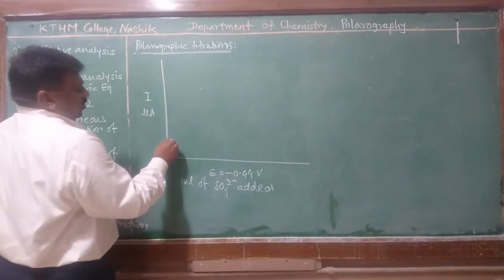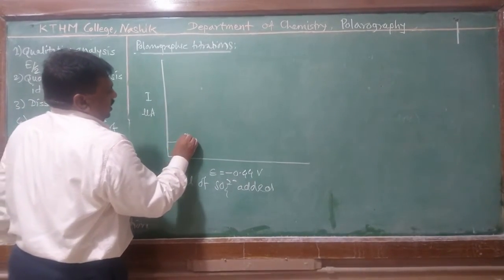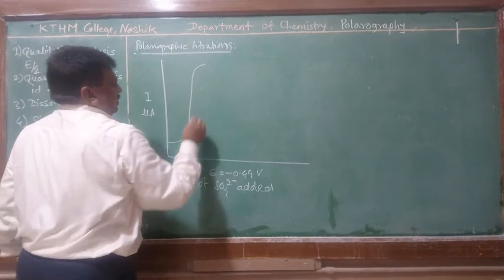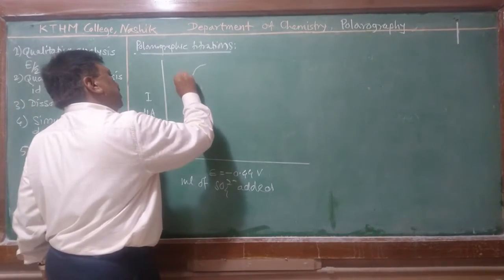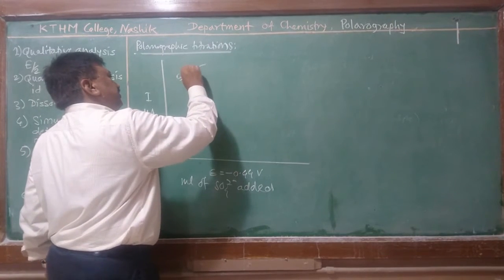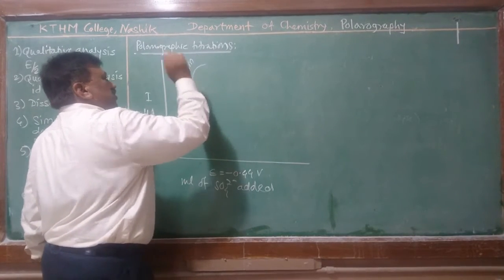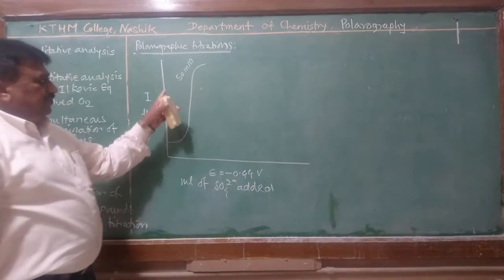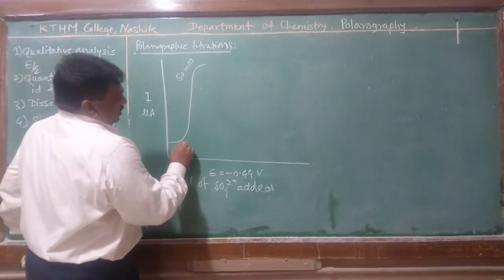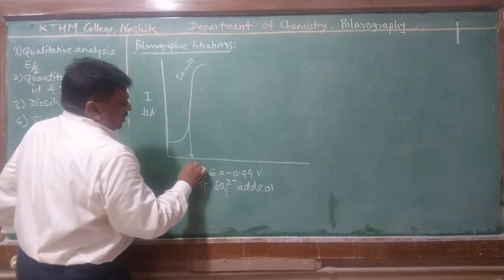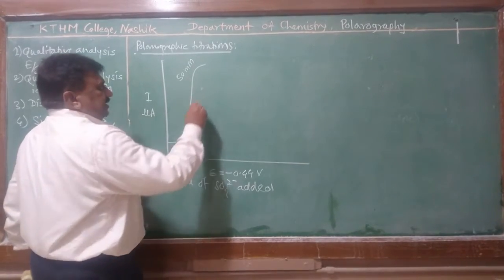Now we have the first polarographic wave in this fashion. That means this wave is for a solution containing 50 ml of 50 millimole lead, when 0 ml of sulfate is added.